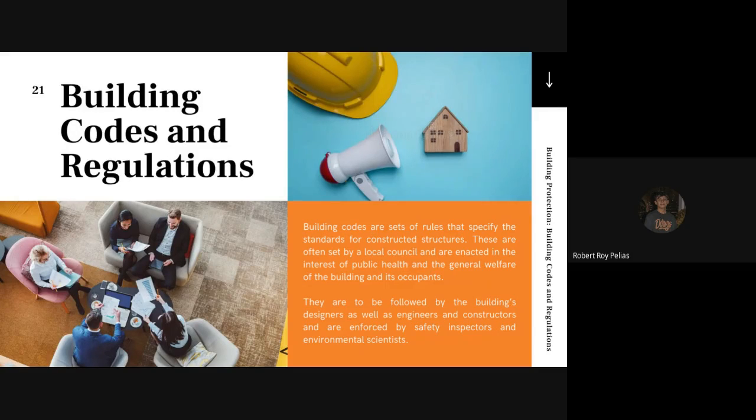And structural strength of the building, means of egress facilities, stability, sanitation, light and ventilation, energy conservation, and safety to life and property from fire and other hazards or disasters. Hopefully none. Next slide, please.